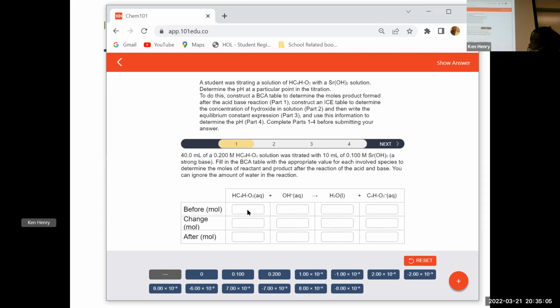Fill in the BCA table with the appropriate values for each involved species to determine the moles of reactant and products after the reaction of the acid and base. You can ignore the amount of water in the reaction. Okay. What are going to be your moles before?